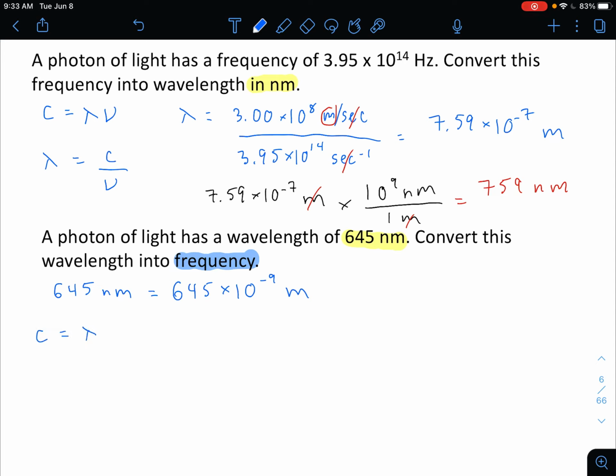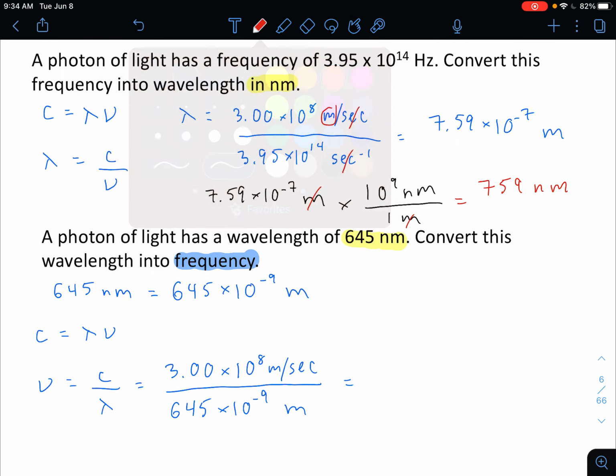So C equals lambda nu, which now means nu equals C over lambda, C in meters per second, lambda in meters, so not 645 nanometers, but 645 times 10 to the -9 meters. So now the unit stuff is already taken care of, right?